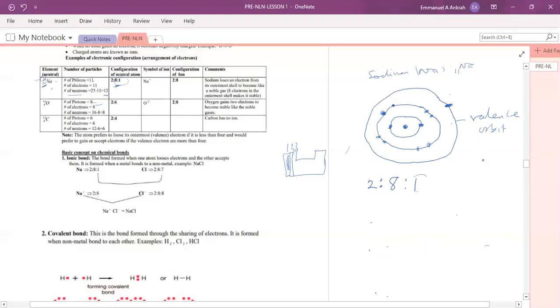If I lose this outermost electron, that means this goes off, and I'll end up with 2,8. 2,8 will be my new configuration.